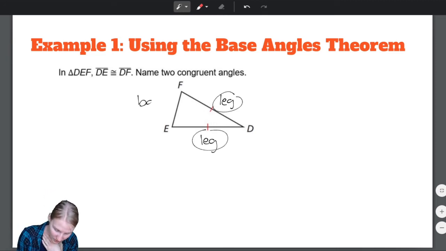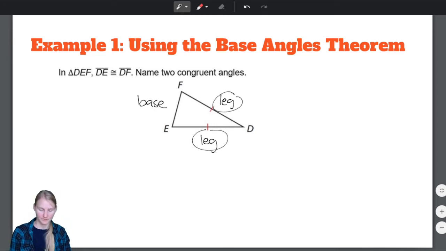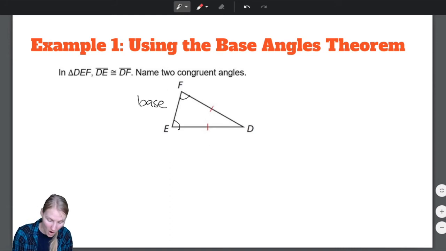The other side is the base. So these are my base angles. The two congruent angles are the ones opposite the congruent sides. So the angle opposite side DF is angle E, and the angle opposite DE is angle F.